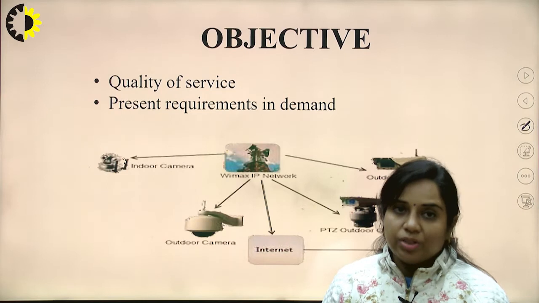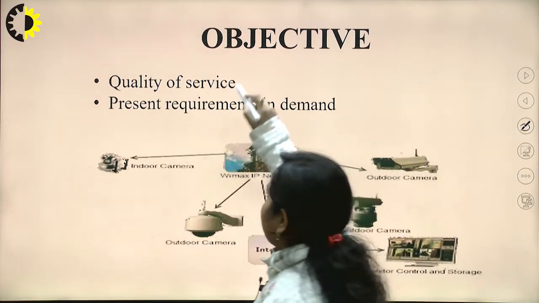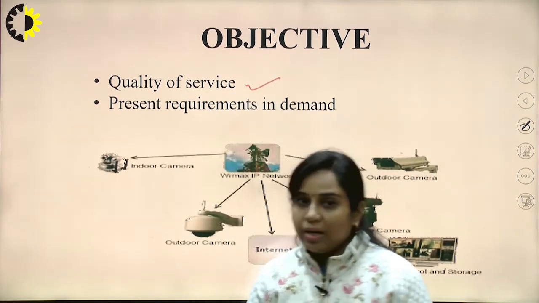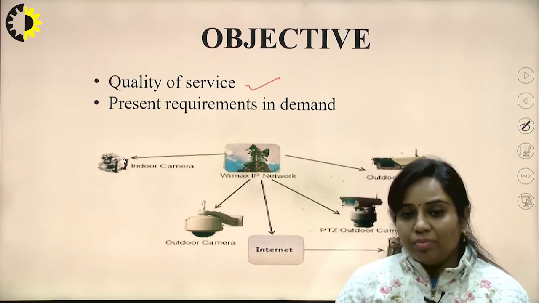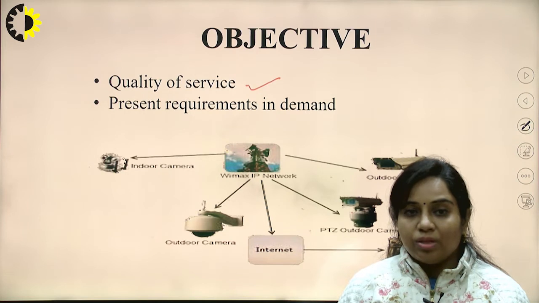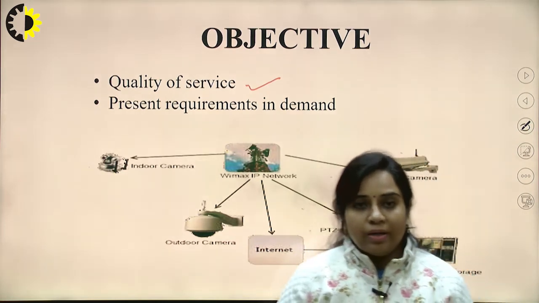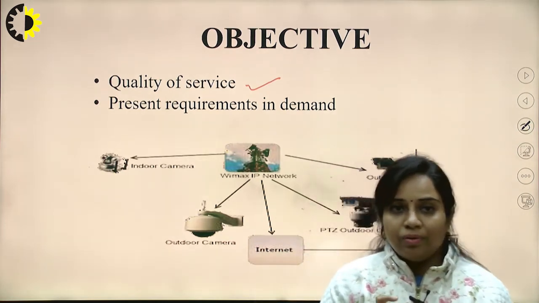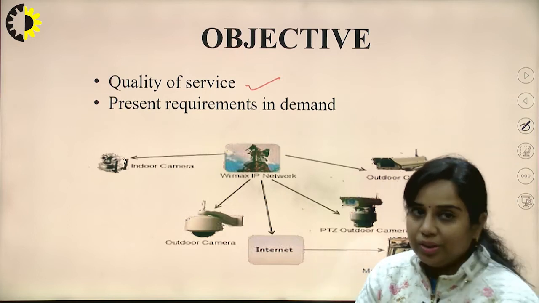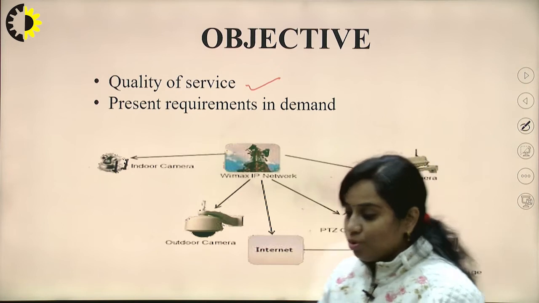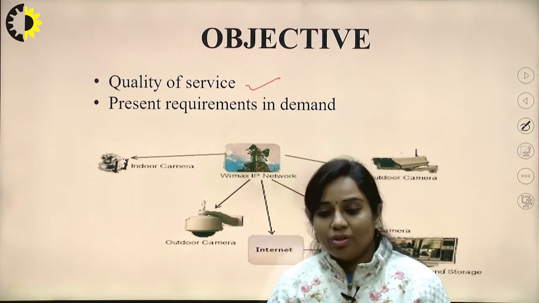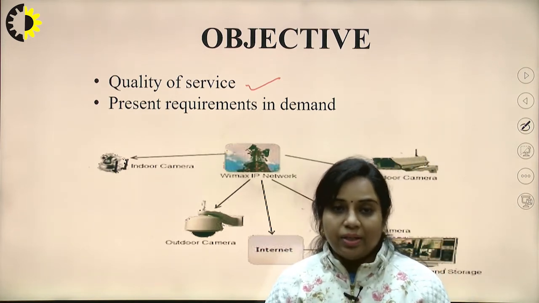The objective of the 4th generation is to provide quality of service, since the number of users has increased and the users may be moving in nature. To maintain that quality of service, the 4th generation network comes into the picture, and it will provide internet access around the world without any problem.